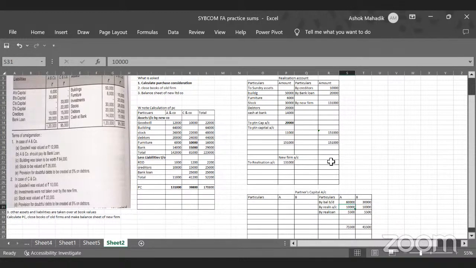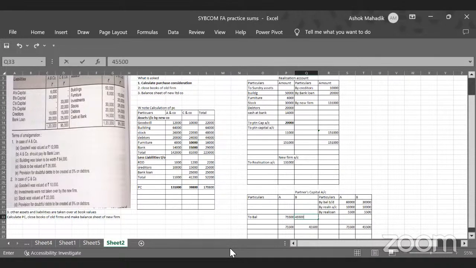Okay. Let's see if any other mistake is there. Let us see if it is tallying or not. So now we'll close this partners capital account. To balance, we have 75,500 and 45,500.